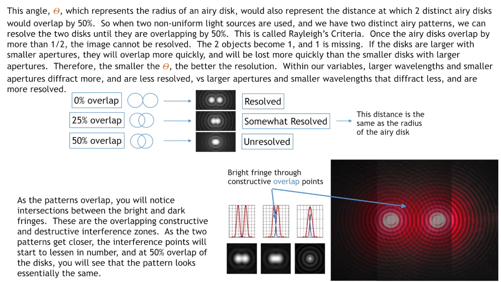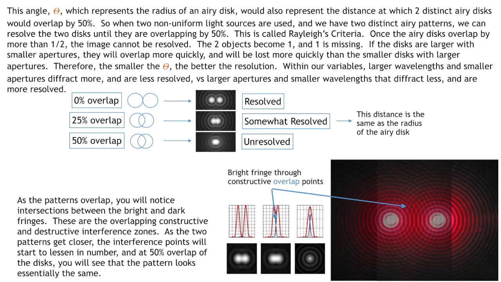As the patterns overlap, you'll notice intersections between the bright and dark fringes. This kind of crisscross pattern, where the minimums overlap and the maximums overlap, creates interference patterns between the bright and dark fringes. And these are constructive and destructive interference zones. As the two patterns get closer, the interference points will start to lessen in number.